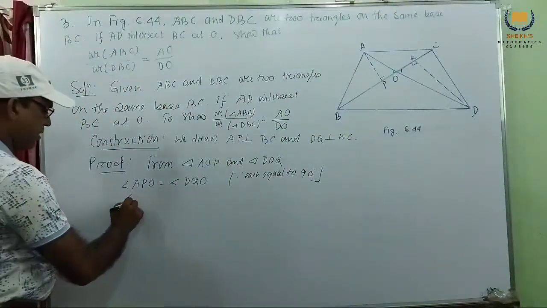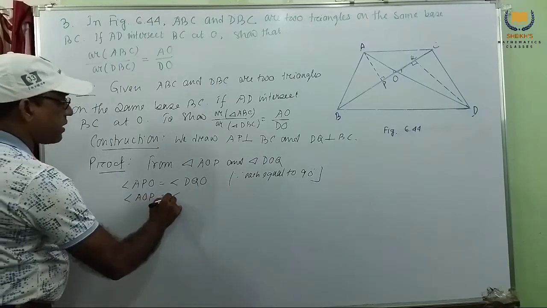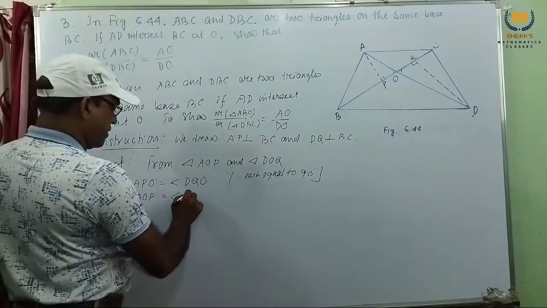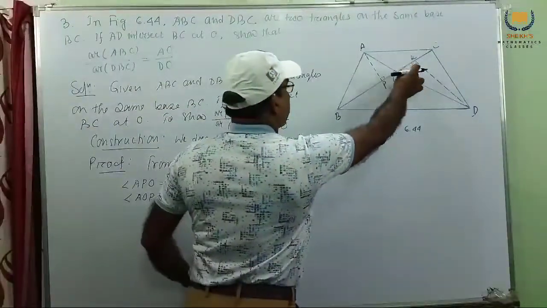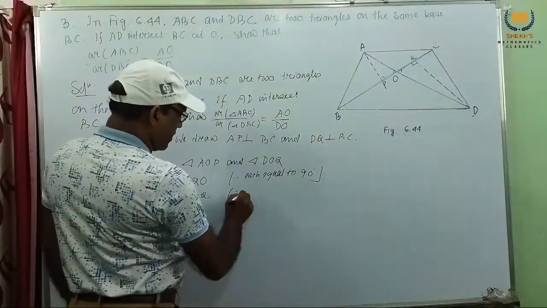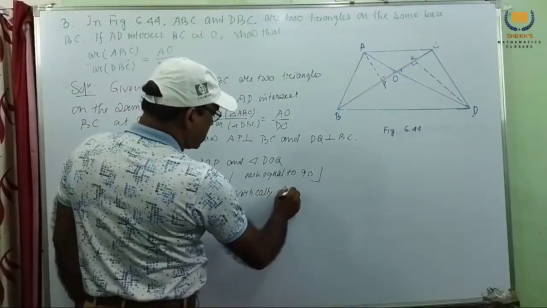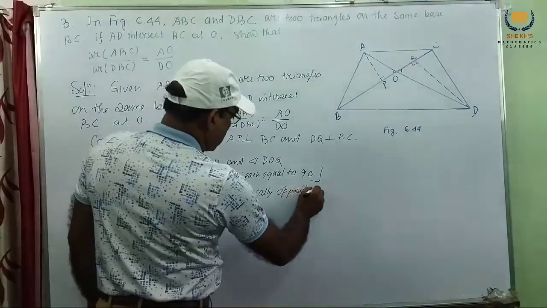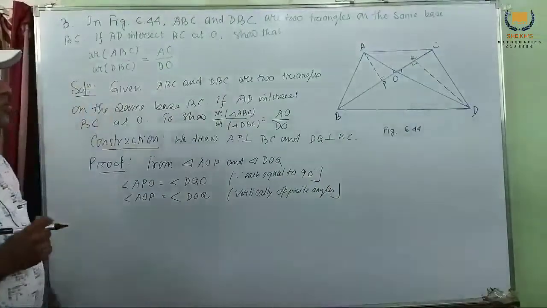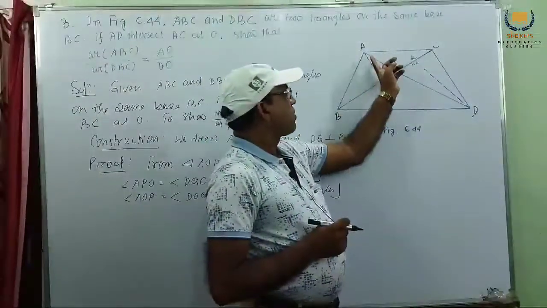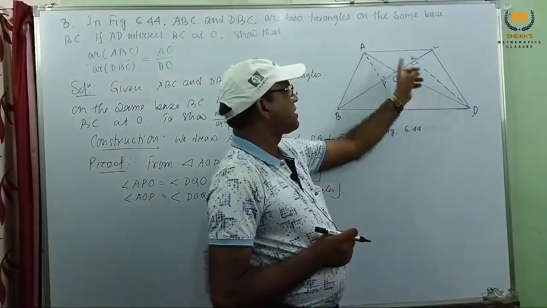And also we can write these two are equal: angle AOP equal to angle DOQ. These two are equal because they are vertically opposite angles. So in these two triangles, this angle equal to this angle, and this equal to this, the others are ultimately equal.